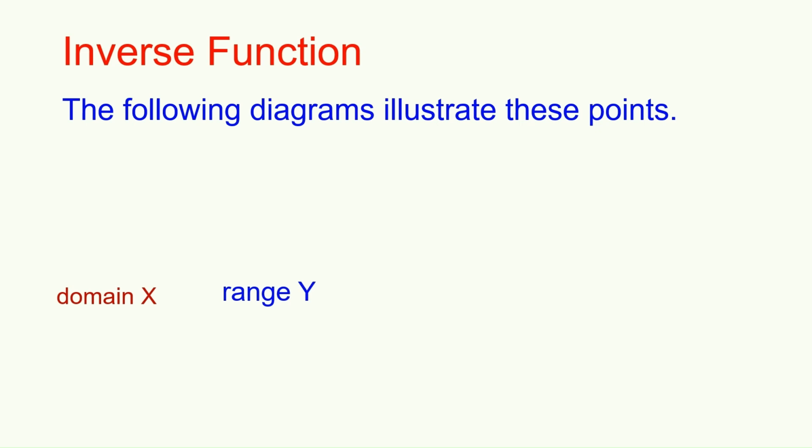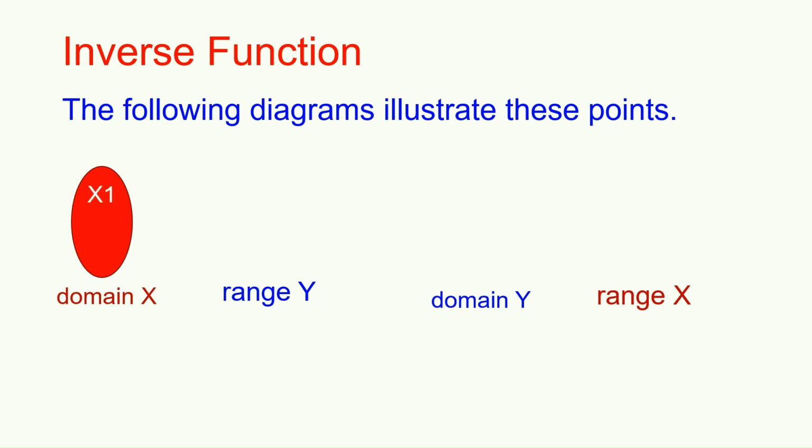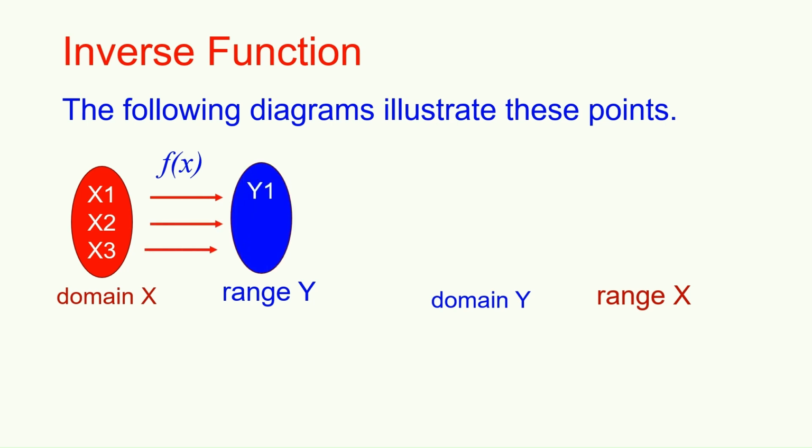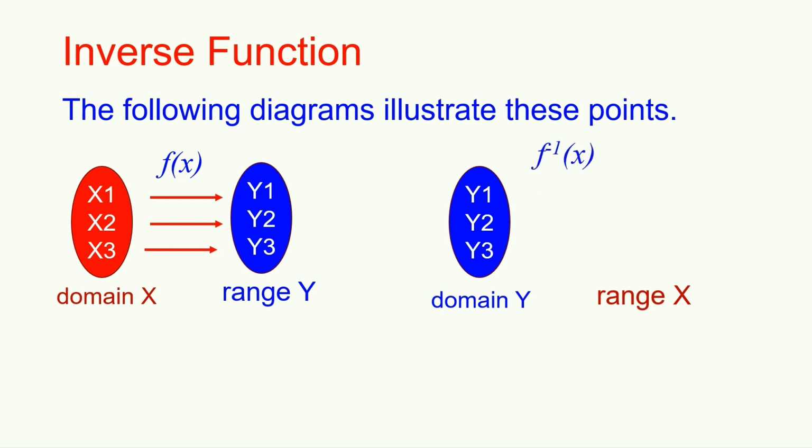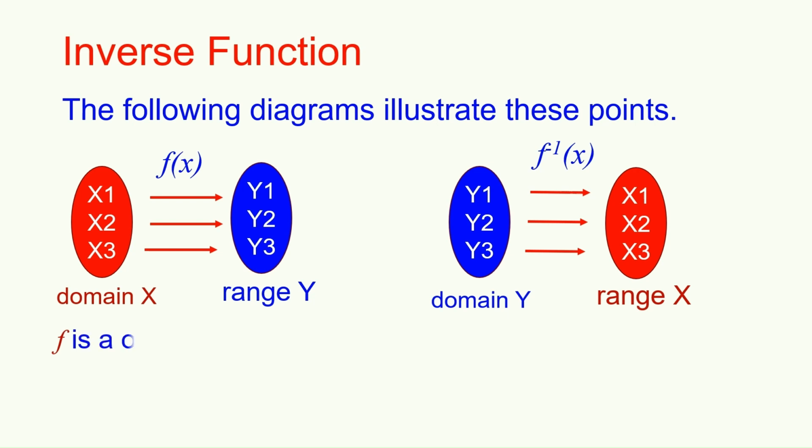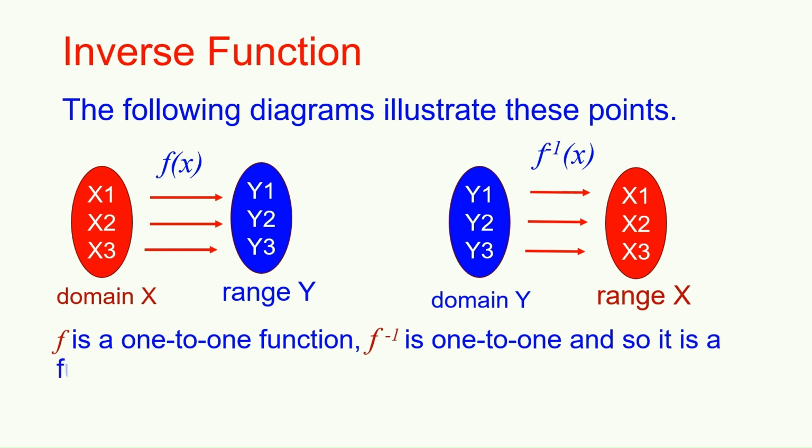We take a domain X of elements, say x1, x2, x3, and a function f(x), converting it to one-to-one, elements y1, y2, y3 of the range Y. Then we take the output range as domain Y of elements y1, y2, y3, and use the inverse function to get the elements x1, x2, x3 of the set X. f is a one-to-one function. f inverse is one-to-one, and so it is a function.